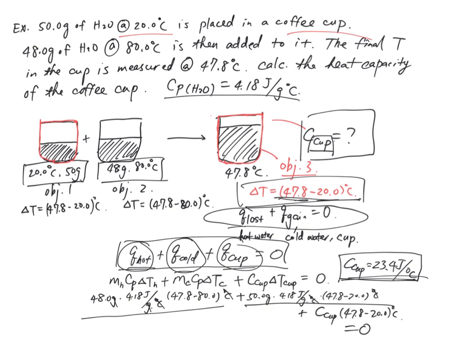If you're dealing with one object, obviously you don't have a chemical reaction. And when we're dealing with 2 or 3 different objects, we're not focusing on chemical reaction.